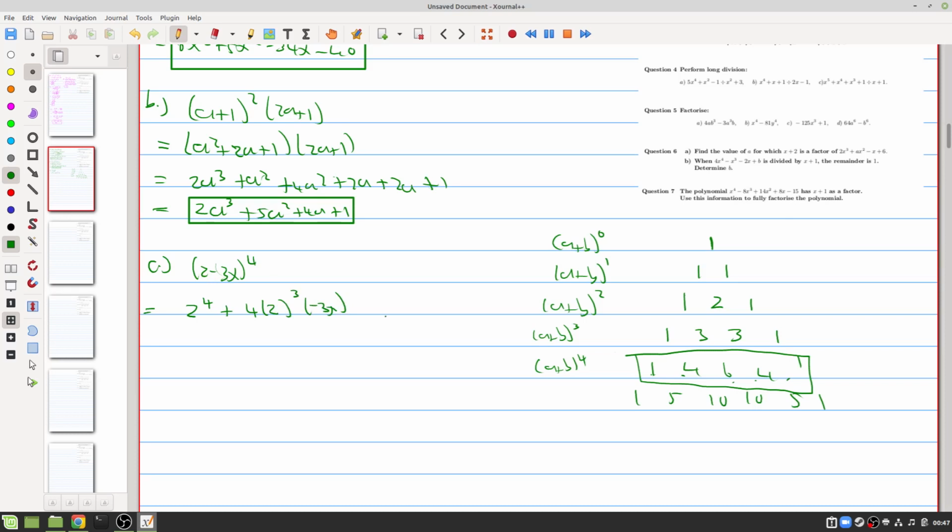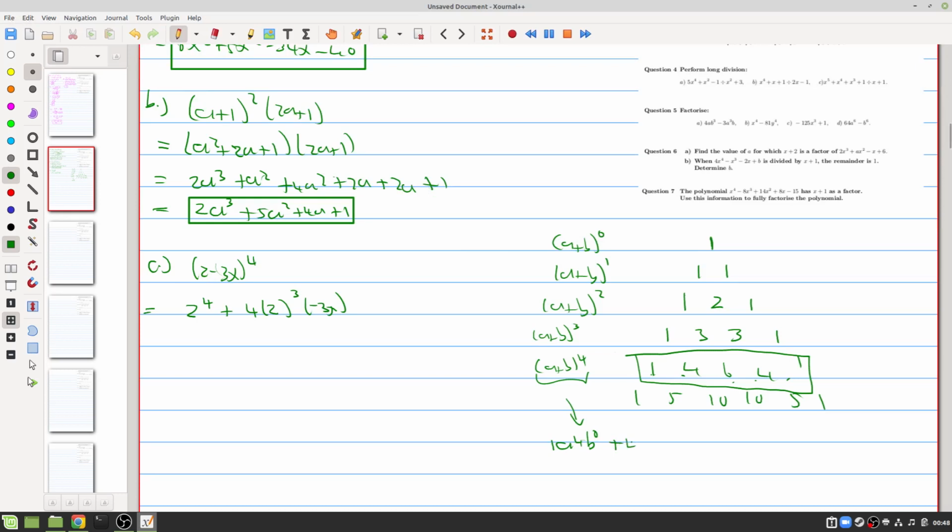So we see that a's value decreases each time. So if we had this, let me just expand this one. So we're going to have 1a to the power 4 and b to the power 0, but b to the power 0 is just 1.